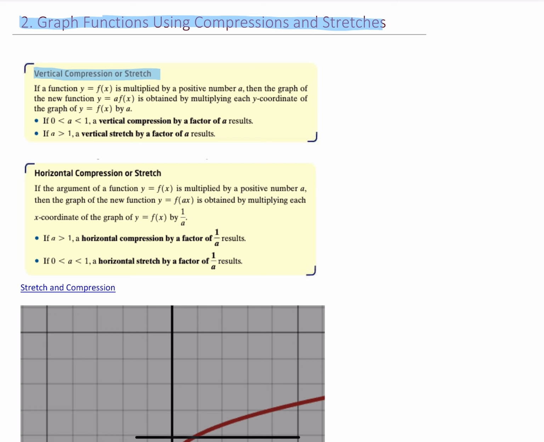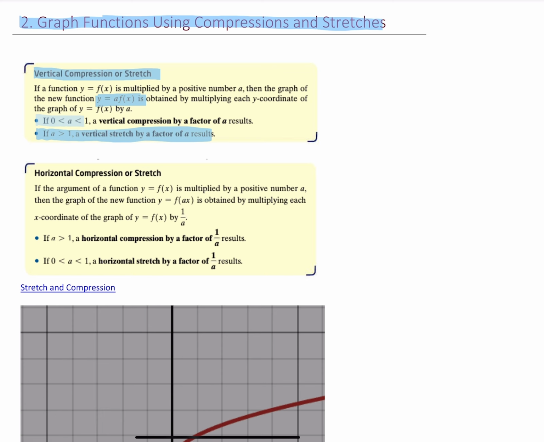It says if we multiply some number a on the outside of the function, a times f of x, if a is just equal to 1, nothing happens. We just get our f of x back. If a is greater than 1, then we get a vertical stretch by a factor of a.